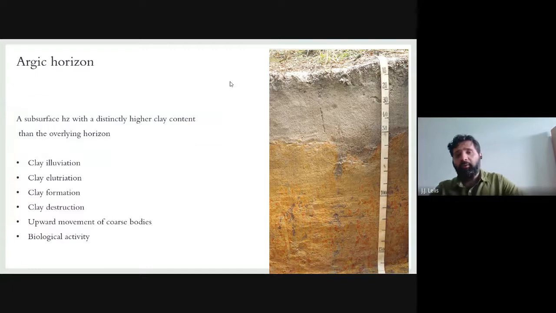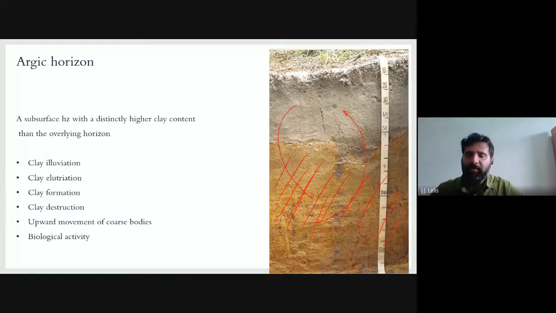We also could see this argillic horizon in soils related to biological activity, because biological activity mixes the material, but they generally select the material to increase the clay content in the subsurface, because clay helps them to keep a hot and wet site here.